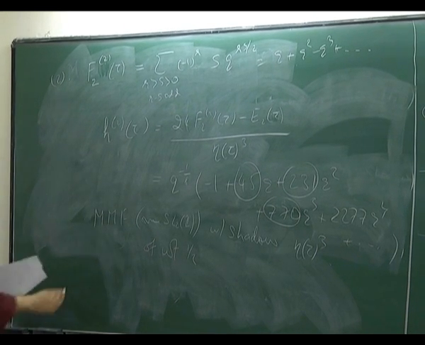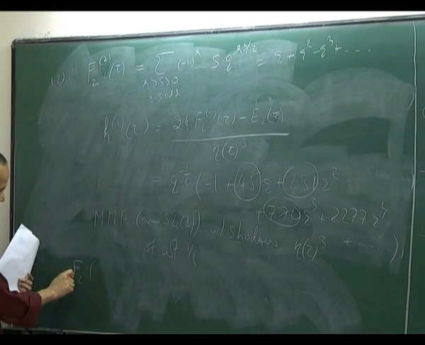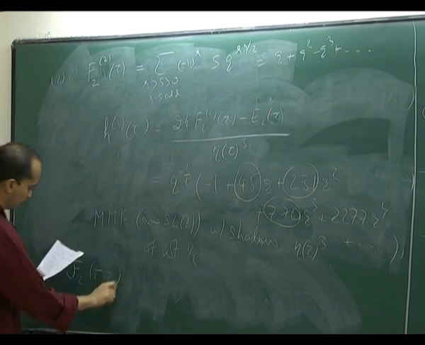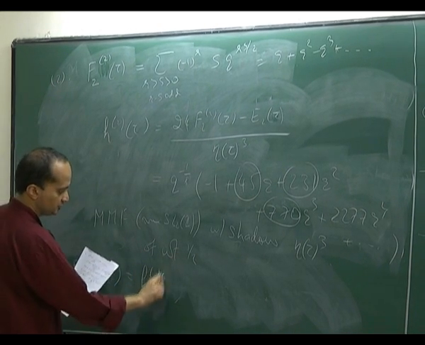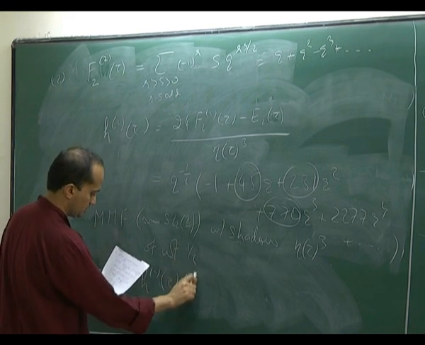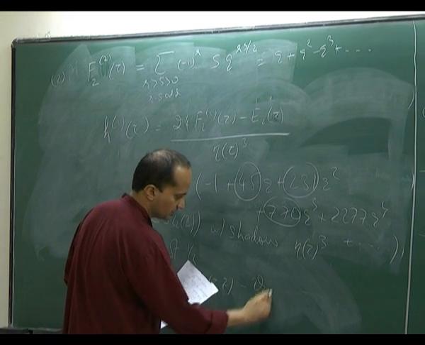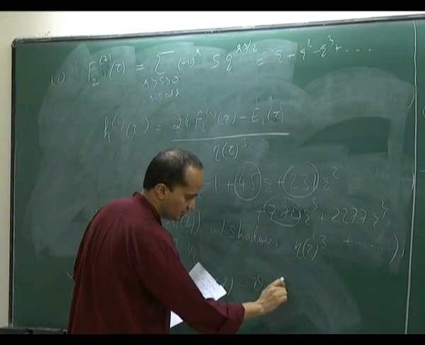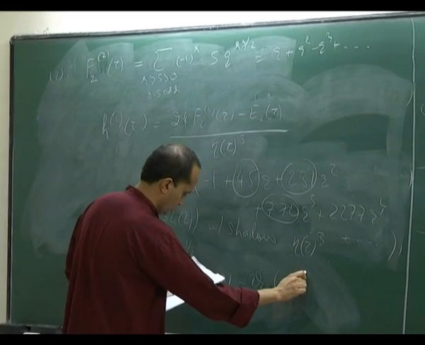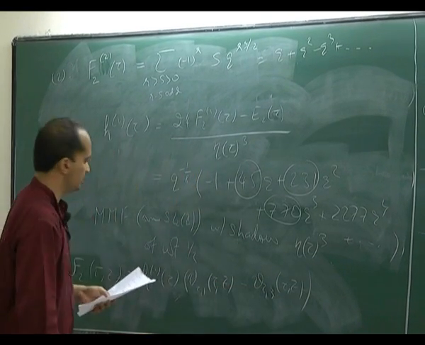And one can also make a Jacobi form, which is script F2 out of this, which is h2 of tau times theta 21 of tau, z minus theta 23 of tau, z.